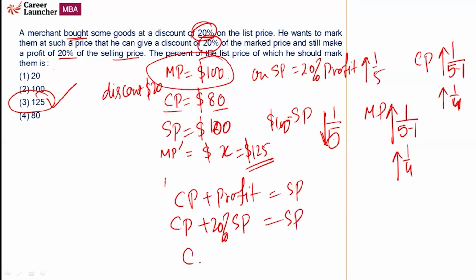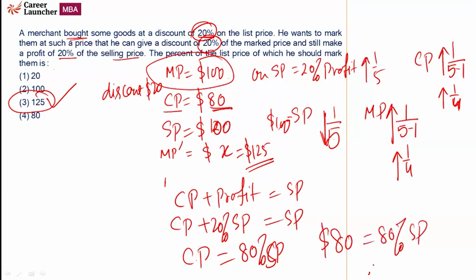Can I say the cost price is SP minus 20%? किसी नंबर से उसका 20% घटा दिया जाए तो क्या बचेगा? 80% of the selling price. What is the cost price, by the way? $80. $80 is equal to 80% of the selling price. How much is selling price? $100. Do you agree with it? So I will say it will be sold at 100.